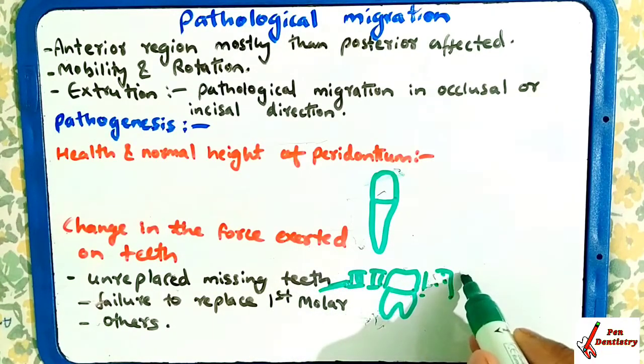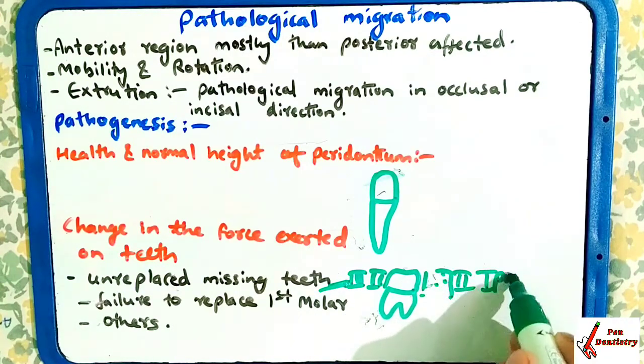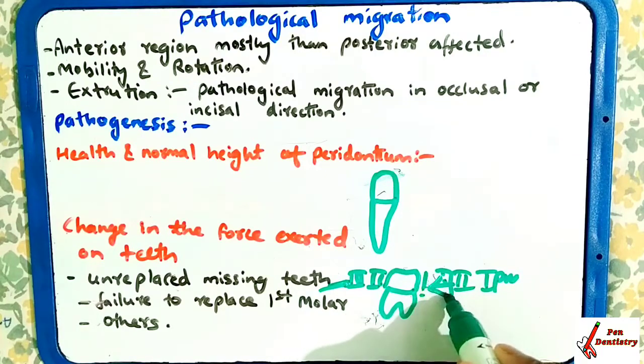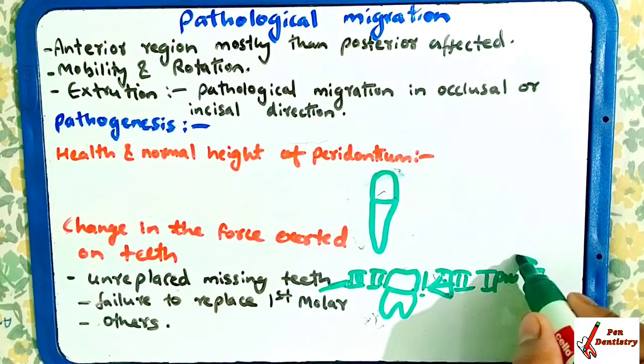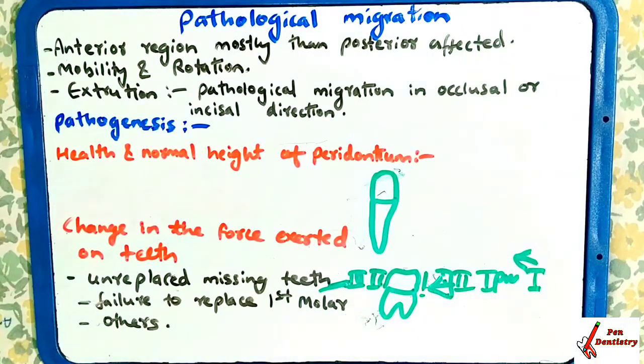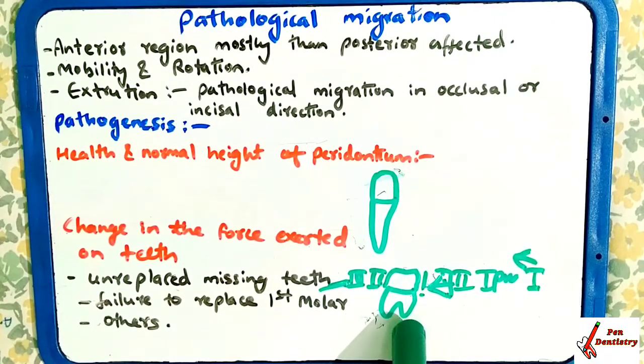The premolars present, the second and the first premolar, will come to the distal side. And the incisors will also come to the lingual side, due to the absence of the first molar. So this is also migration, but it is not pathological migration.